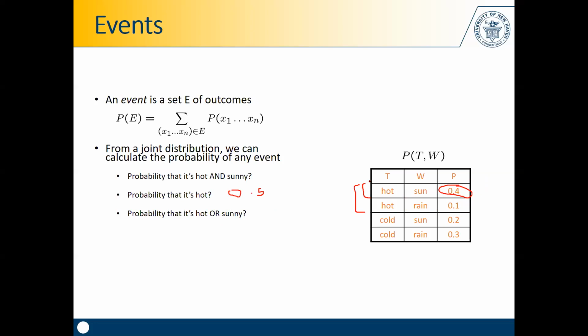It will be the probability of the outcome being hot, 0.4 plus 0.1, plus, remember this is or, plus any other outcome where there is sun. So it will be the probability associated with this row, and it gives us 0.5 plus 0.2, 0.7.